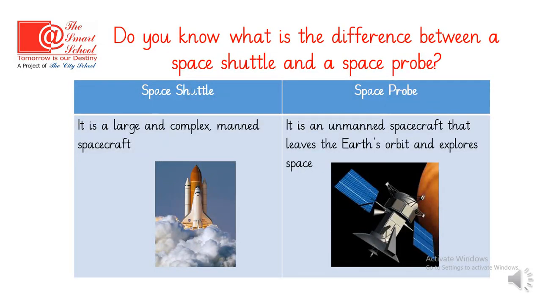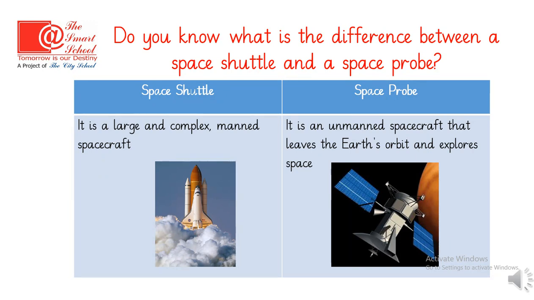Do you know what is the difference between a space shuttle and a space probe? Let's see how they are different. A space shuttle is a large and complex manned spacecraft. However, a space probe is an unmanned spacecraft that leaves the Earth's orbit and explores space.